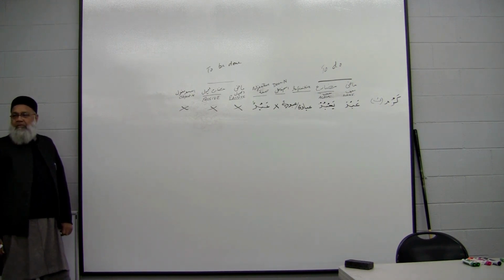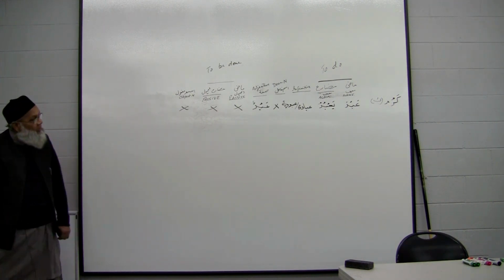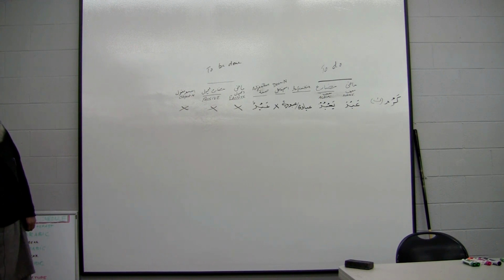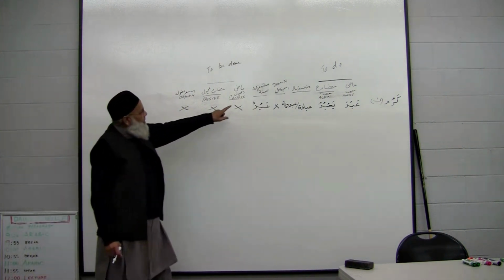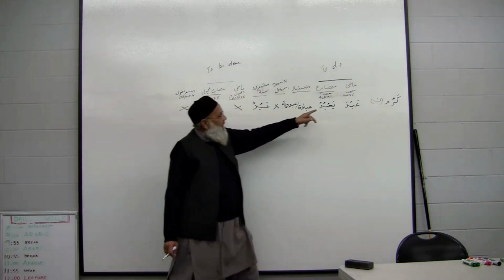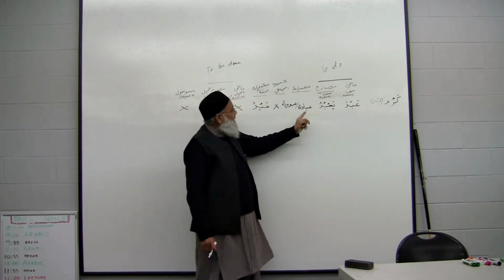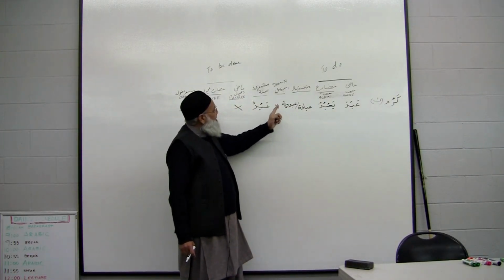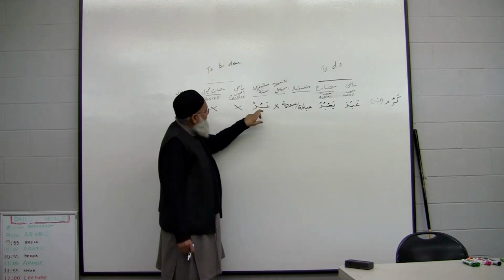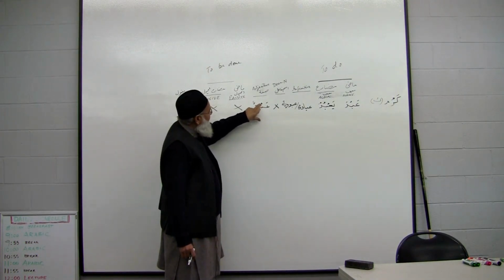And what does this word mean? Abdun. This is sifa. Abuda, ya'budu, ibadatun or ubudiyatun. Then the adjective is abdun, slave.